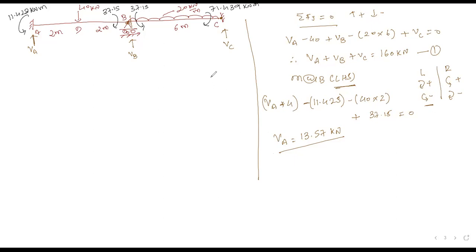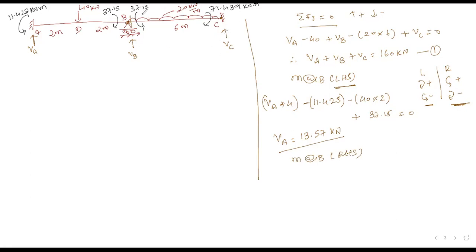Another thing is that in the same way we will take a moment about B from the RHS. We are taking moment from the right hand side of B, okay? For the right hand side we have this sign convention: anti-clockwise positive, clockwise negative. Keep in mind. Starting from point C, VC into 6 is anti-clockwise, yes or no?